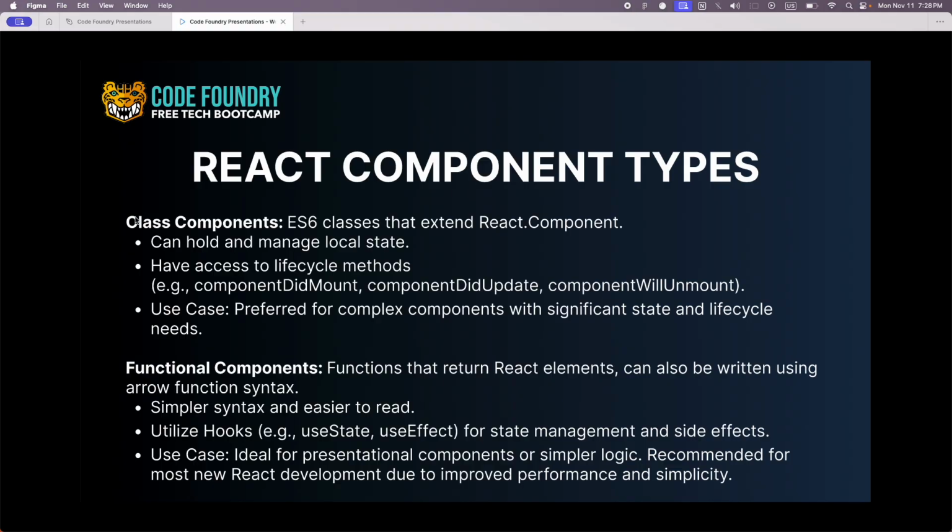There are two types of React components: class components and functional components. What components do, and they're one of the key values of using a framework like React.js, is allow us to take our code and modularize it. So for example, say you want to create a custom button and you want to use that everywhere.